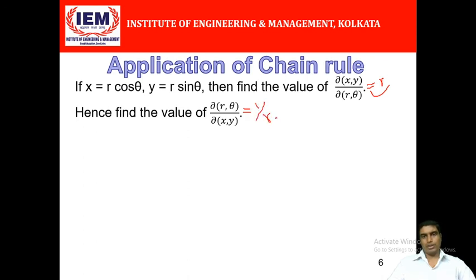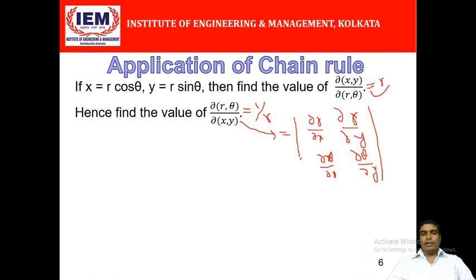This is nothing much, right? Also you can directly calculate this value, because it is basically equal to the determinant of ∂r/∂x, ∂r/∂y in the first row and ∂θ/∂x, ∂θ/∂y in the second row.